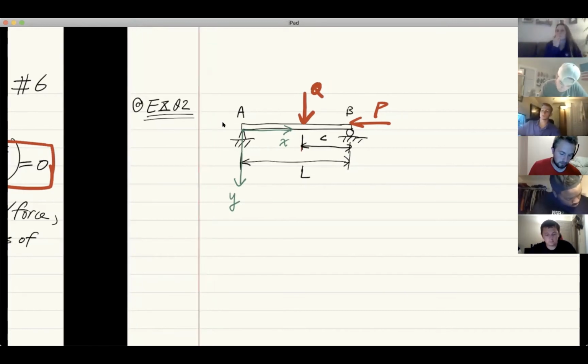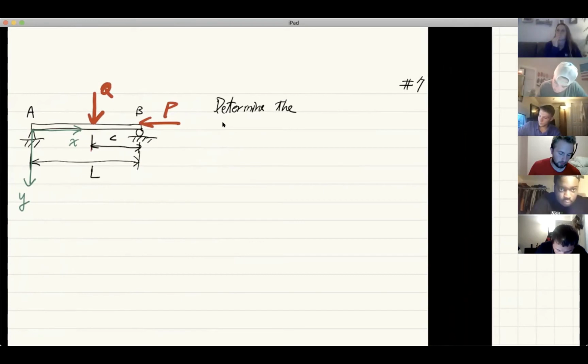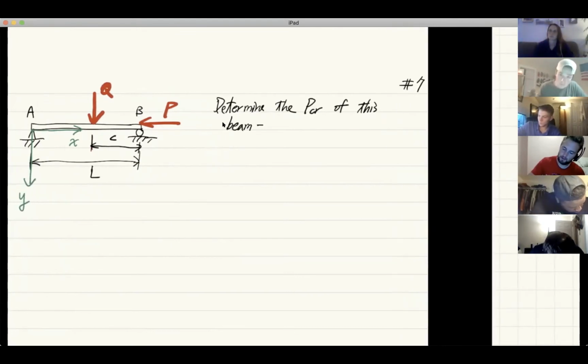Now, our objective is to determine the PCR of this beam column.